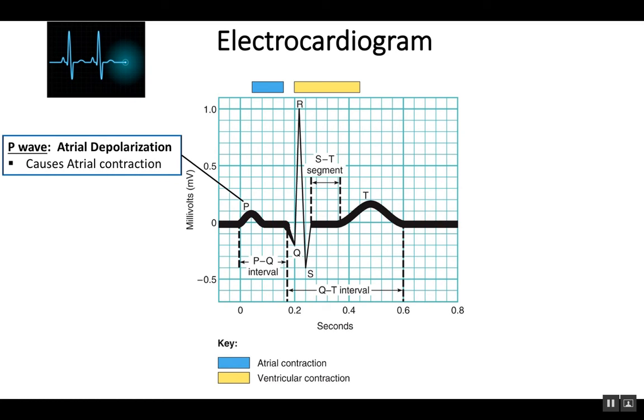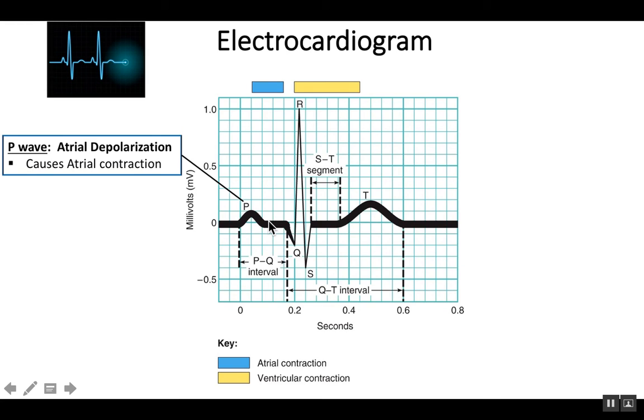So for instance, the P wave. The P wave is seen whenever the atria have depolarized. So you can kind of imagine that right before the P wave is going to be where the pacemaker fires. So the pacemaker is going to fire somewhere around here, and once that electrical current enters the atria and depolarizes them, you're going to see a P wave.